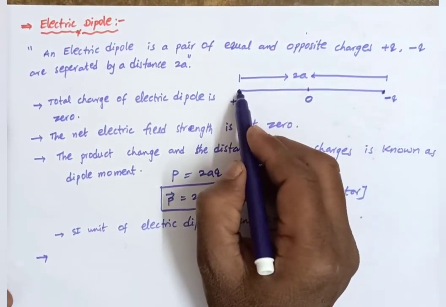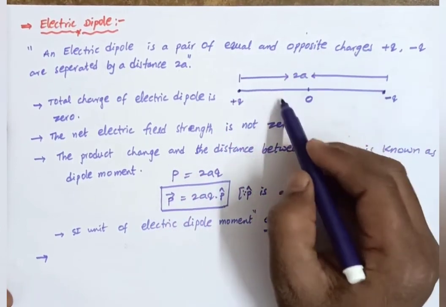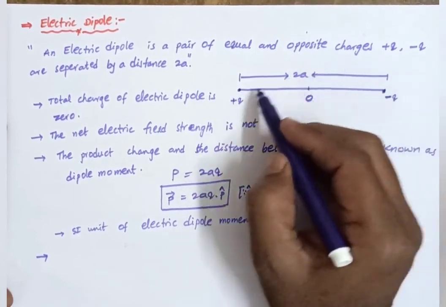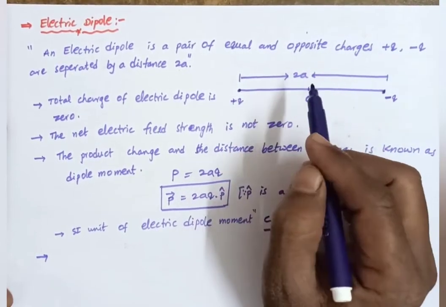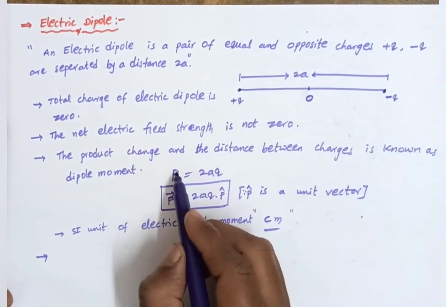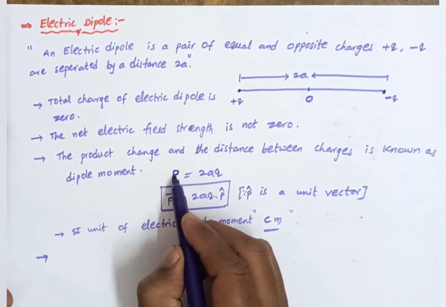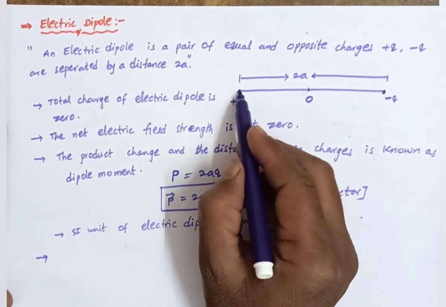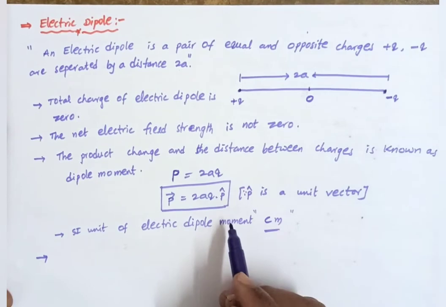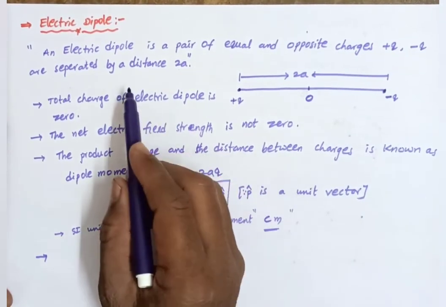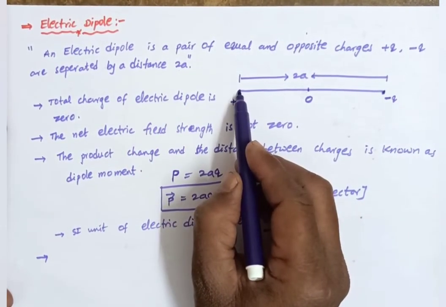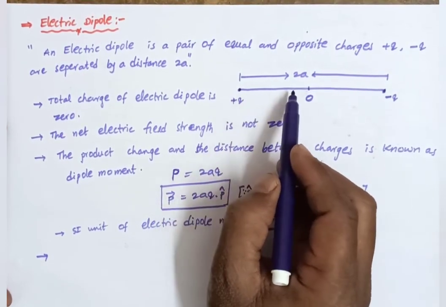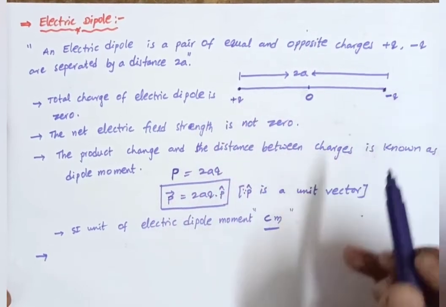For the first one, the electric dipole in an electric field is suspended at an angle theta. Then what is the torque? Torque means electric dipole moment, the moment of a couple. And then the electric field strength at the axial line and the equatorial line.